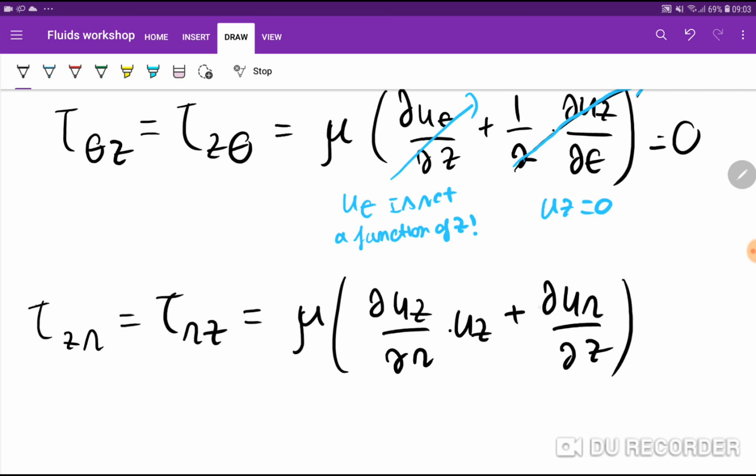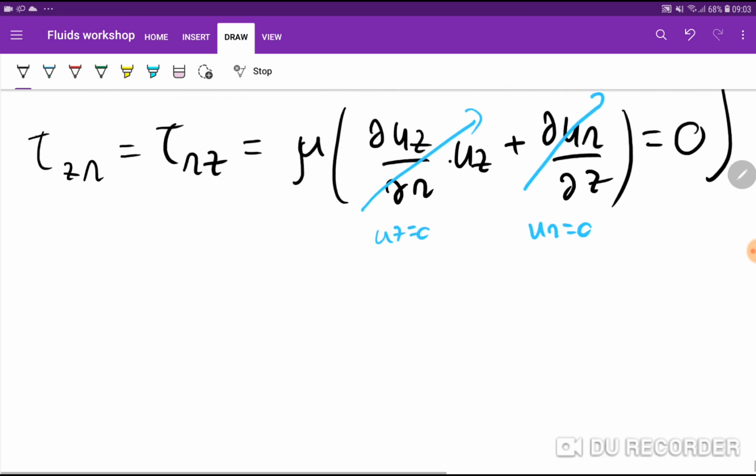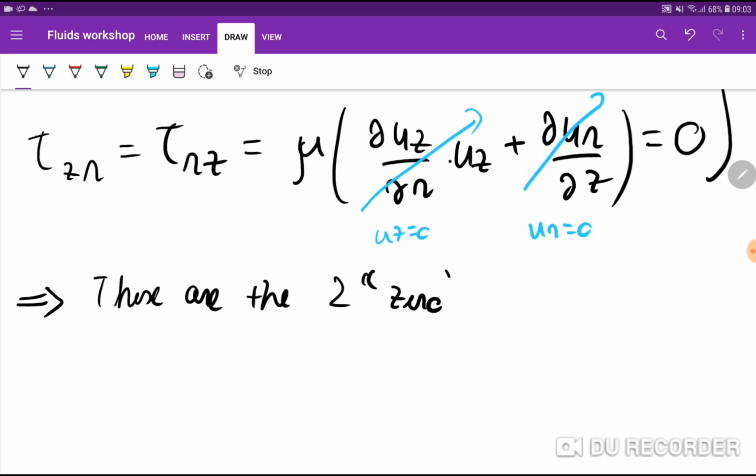What happened to this component is that it also cancels out, because here uz is 0 and here ur is 0, which indicates that this equals 0. So from this you can conclude that these are the two zero stress components.